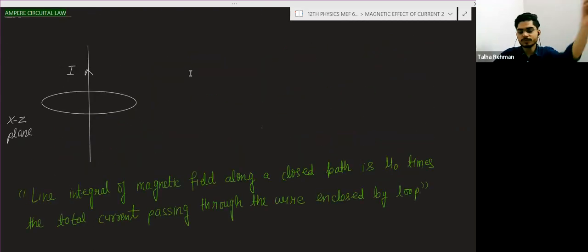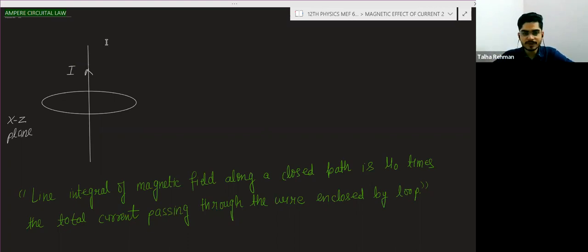So the meaning of this is, suppose you have this wire. Due to this wire, there will be some magnetic field, as we have already discussed. For defining Ampere's circuital law, you have to define a loop, the Amperian loop.